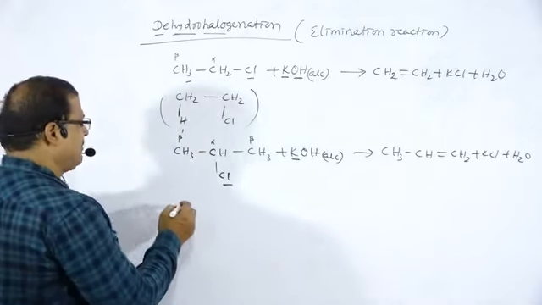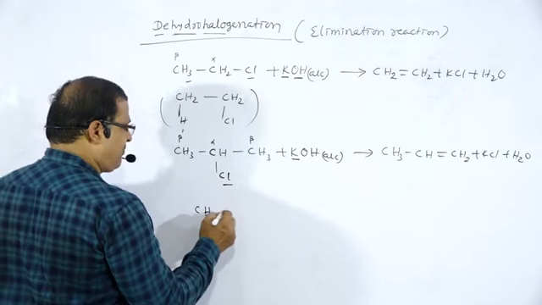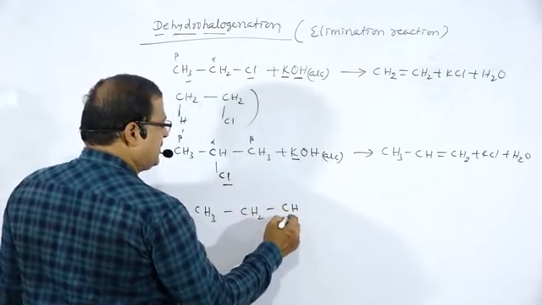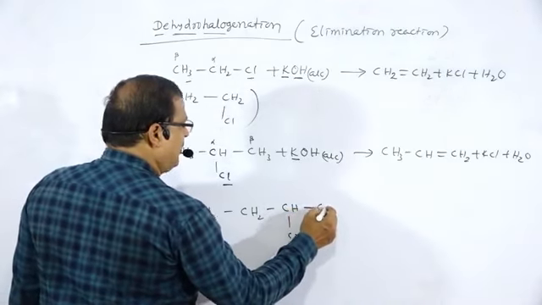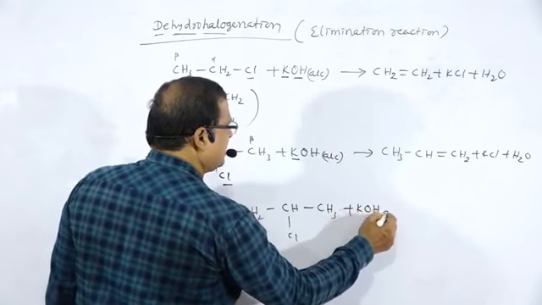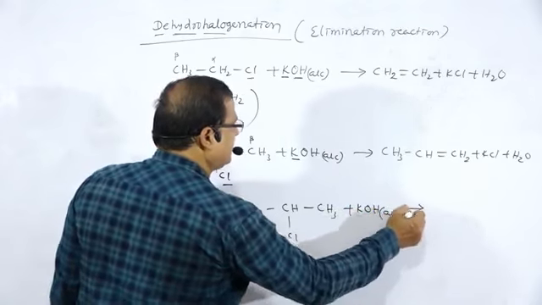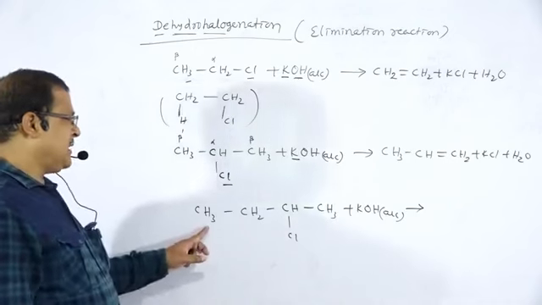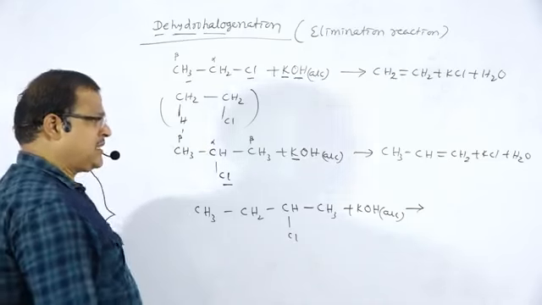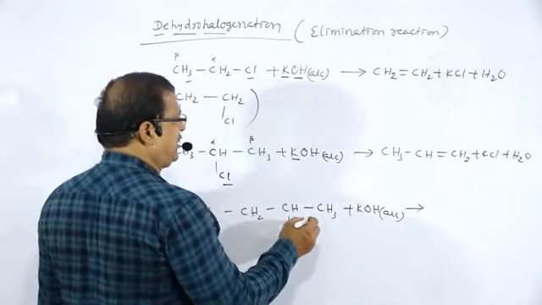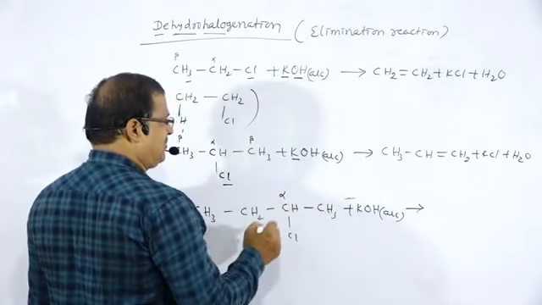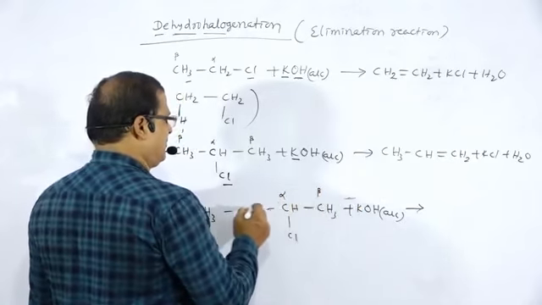But if we take this type of example, CH3-CH2-CHCl-CH3 plus alcoholic KOH, what will happen? In this case, there is a chance of formation of different kinds of product. This is the alpha carbon atom, and this is the beta carbon atom.